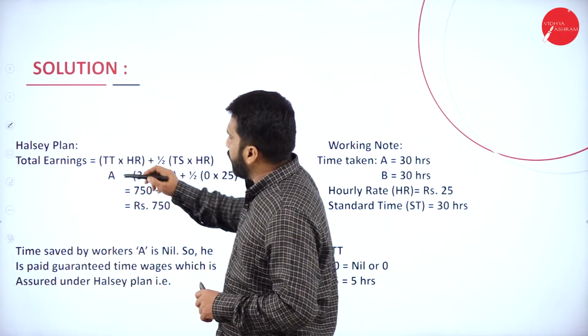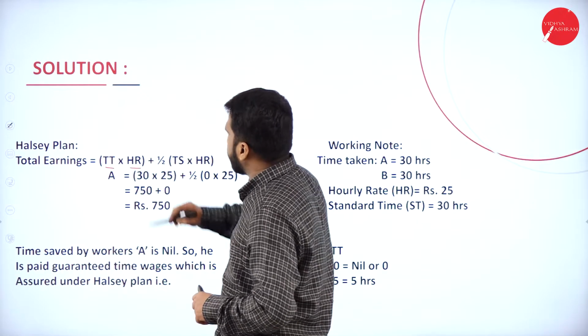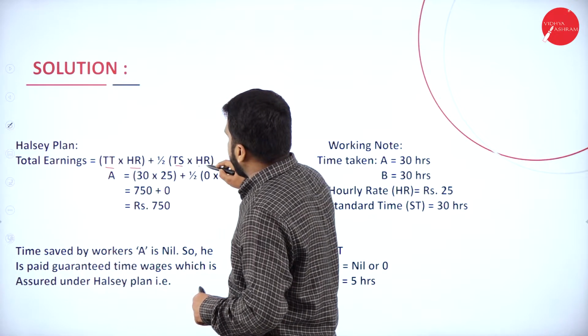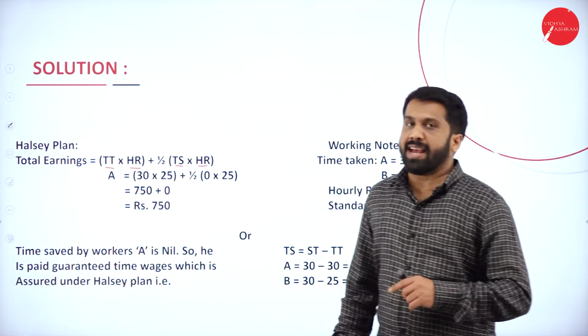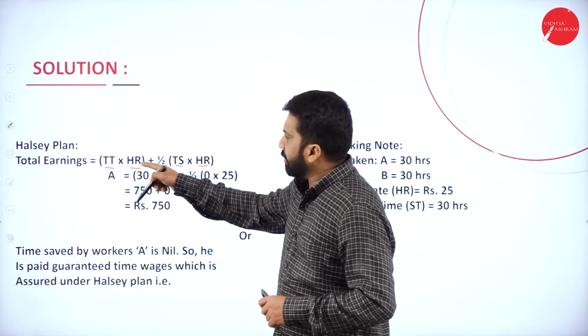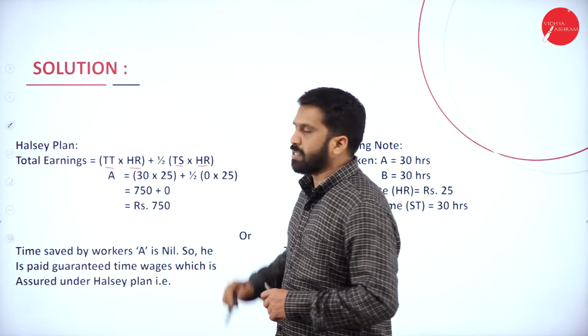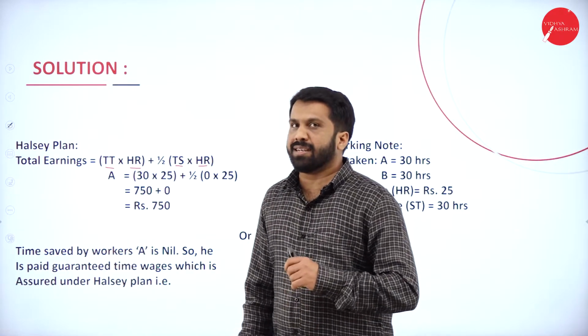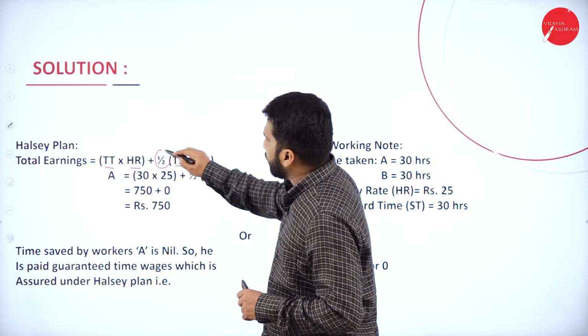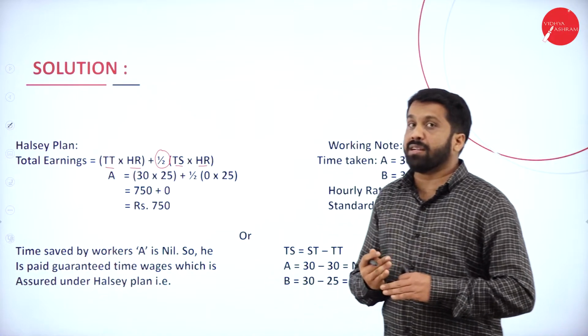Under this, we have time taken into hourly rate, plus time saved into hourly rate. Again, I'll repeat, time taken into hourly rate, plus time saved into hourly rate. Now, we have to consider half of the time saved into hourly rate.